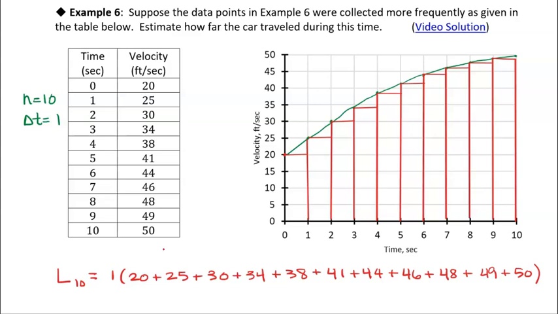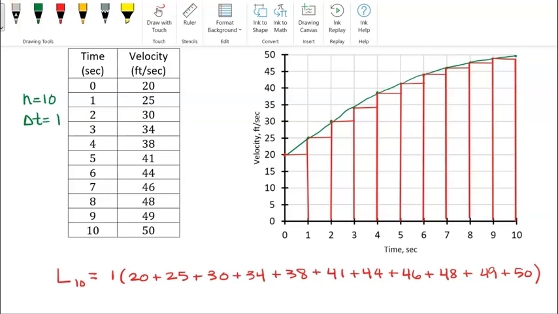So I've written it all out here, right? Oops, I think I made a mistake, didn't I? All right, I made a mistake, so that's good. A lot of people make this mistake. Now, if I have 10 subintervals, I just take the first 10 values. Notice that there's 11 values in this table, right? So I started out at 20 feet per second. But because I have 10 subintervals, I should only have 10 values. So 1, 2, 3, 4, 5, 6, 7, 8, 9, 10.